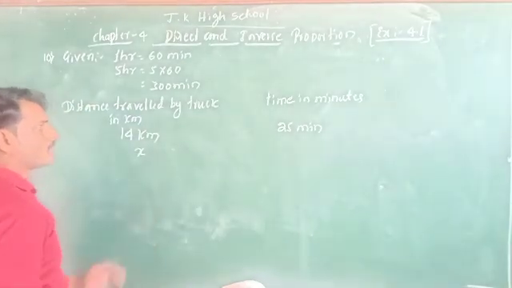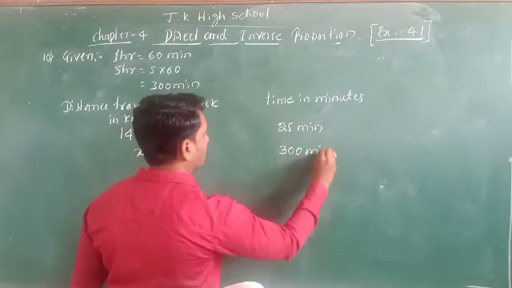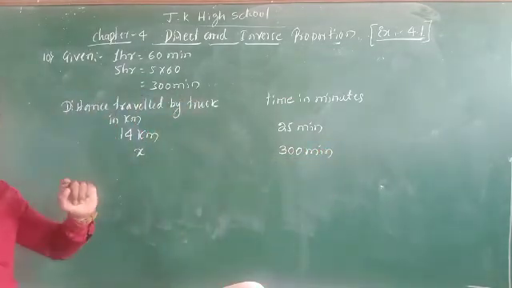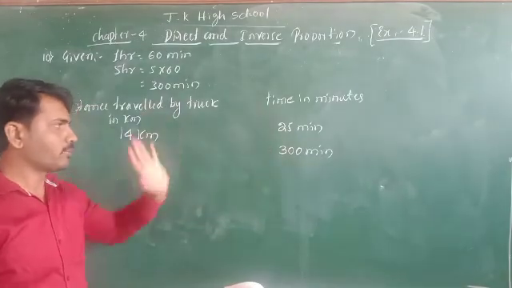How much distance is traveled in 5 hours, which is nothing but 300 minutes? Instead of 5 hours, I have taken 300 minutes. So both are in the same ratio.